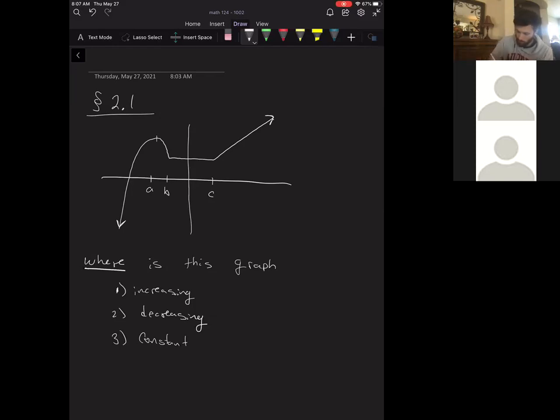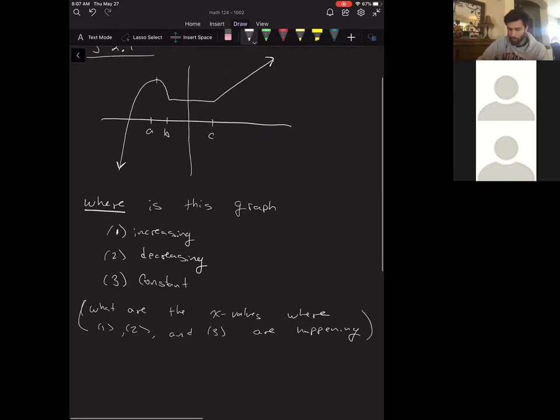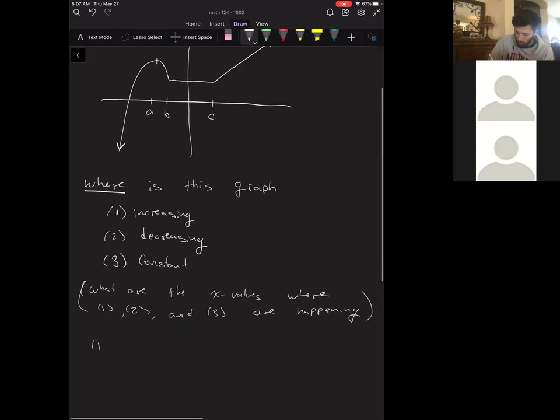Another way of saying this is, what are the x values where 1, 2, and 3 are happening? So we look at this graph above. Let's talk about 1, which is increasing.